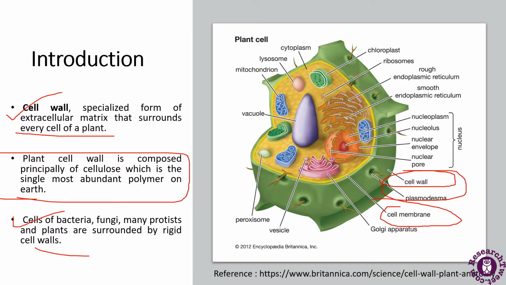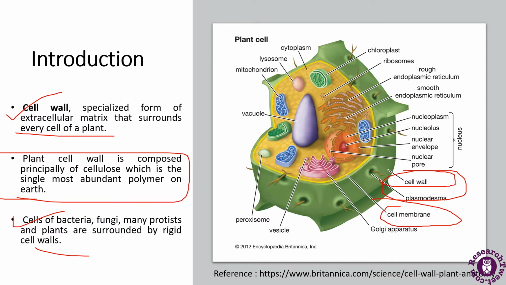Moreover, the cell wall separates the interior contents of the cell from the exterior environment. If we talk about the function of the cell wall, it provides shape, support and protection to the cell and its organelles. This cellular component is present exclusively in eukaryotic plants, fungi and very few prokaryotic organisms.